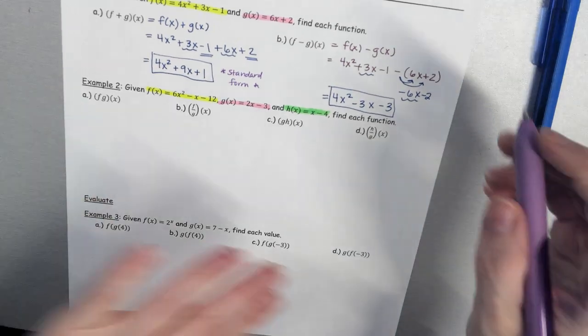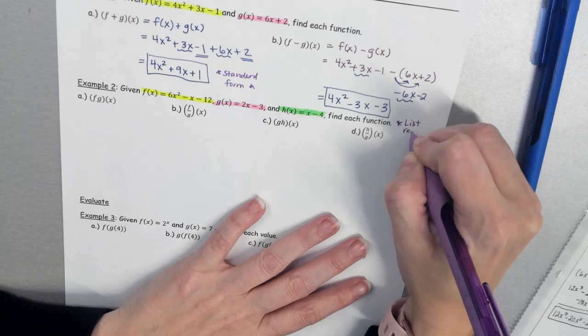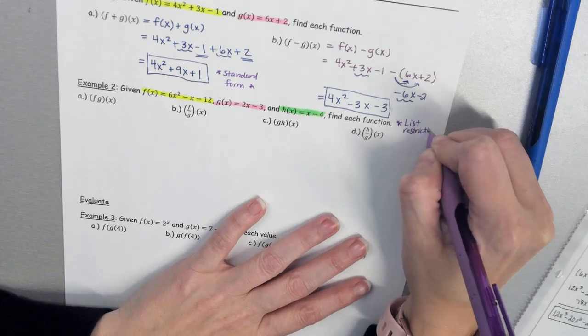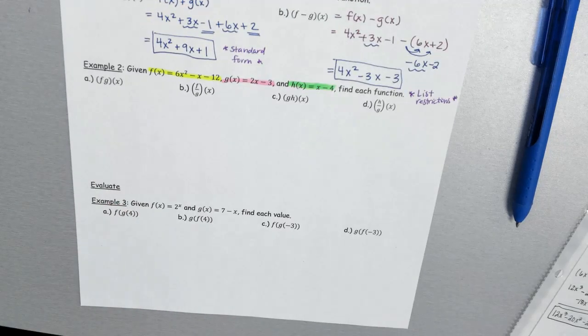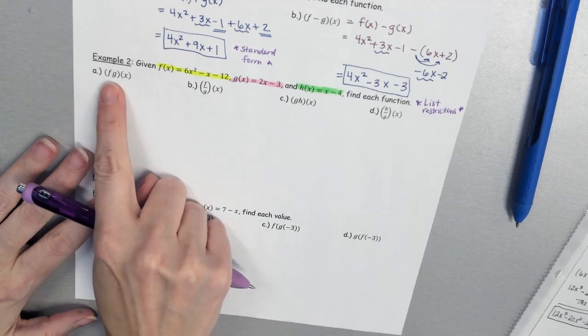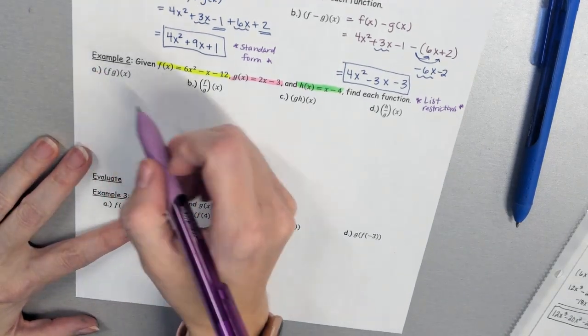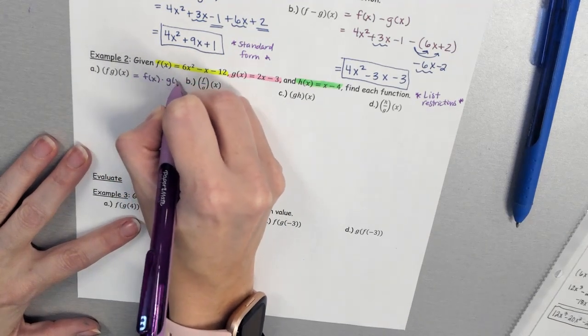Whenever you're doing division, you have to make sure that you list the restrictions, and that's because the domain isn't all real numbers, so you have to make sure that you list what your restrictions are. So if you have fg of x, this means that you are multiplying f of x by g of x.